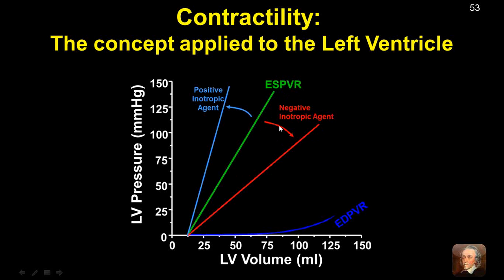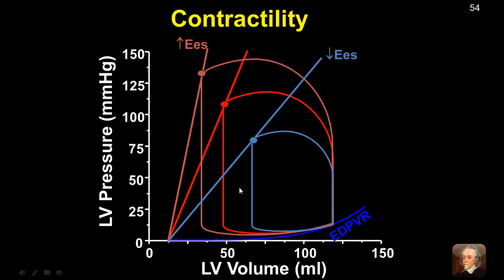In the ideal world, these shifts are really manifest as changes in the slope of the line with relatively little change in the volume axis intercept. So, I mentioned before that these relationships are defined by the V0, which is the volume axis intercept, and the slope, the EES.